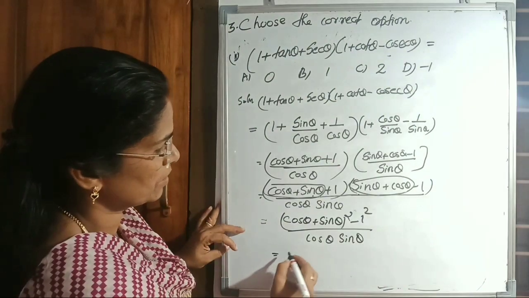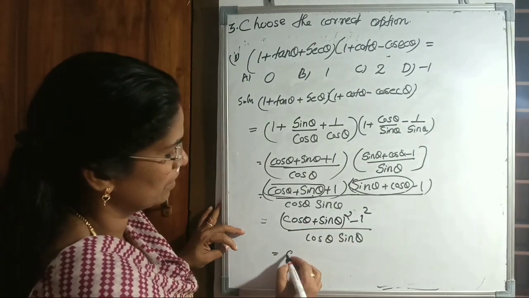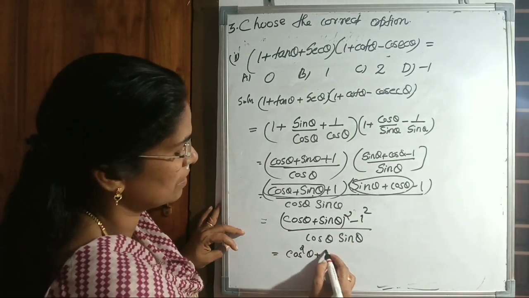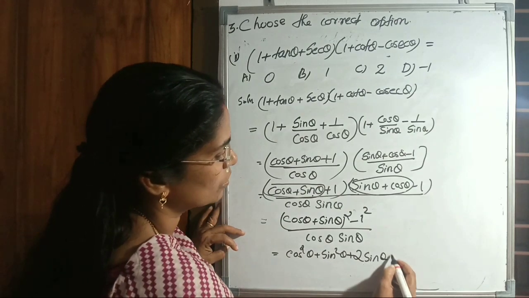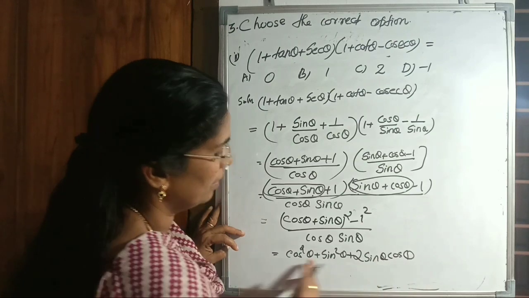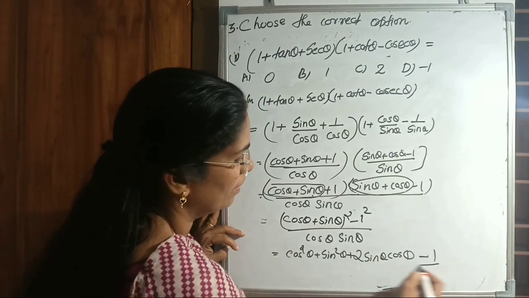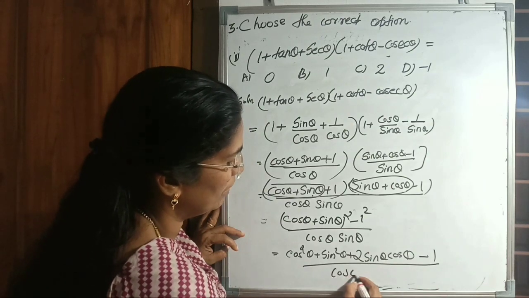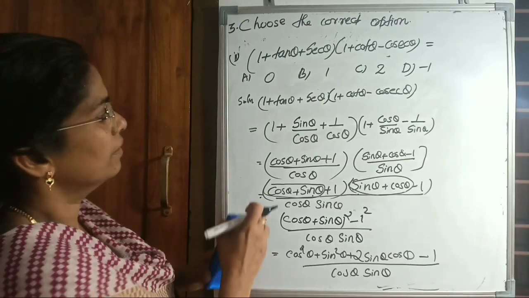Or we can expand this one. Again it is in (a plus b) whole square form. So it is cos square theta plus sin square theta plus 2 sin theta cos theta, that is a square plus b square plus 2ab, minus 1 square, which is 1, whole divided by cos theta sin theta.